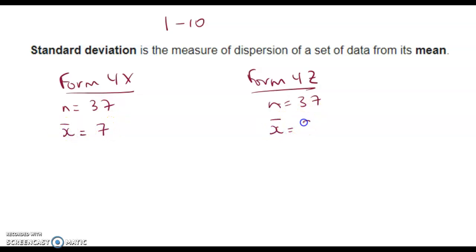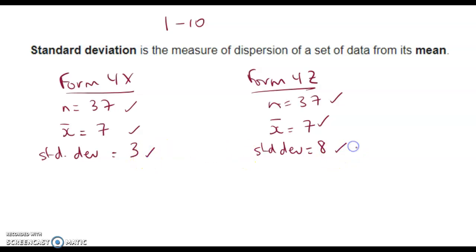And say the mean for 4Z was also 7. Now also, let me put in some additional information. The standard deviation for 4X was 3, whereas the standard deviation for 4Z was 8. Now, what we notice here, they have the same mean, but the standard deviations vary. This is smaller and this is bigger, right?